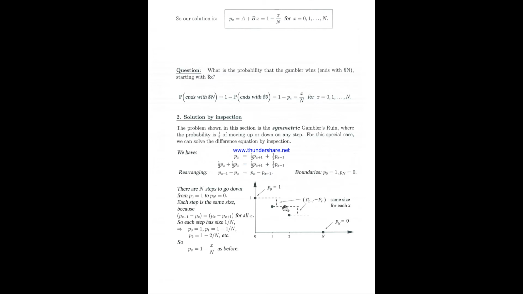This distance is 1 over N, this distance is 1 over N, so the whole distance is 2 over N. So P2 would be 1 minus 2 over N.